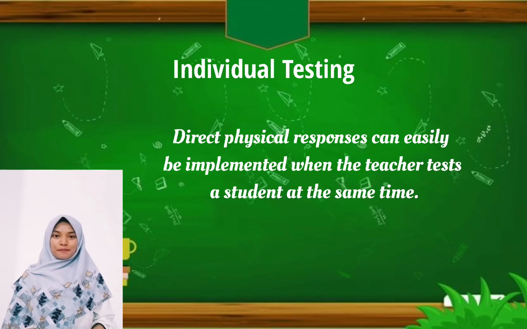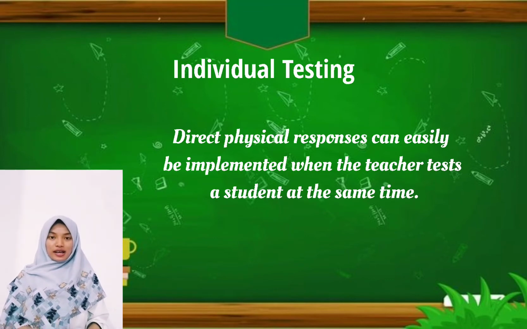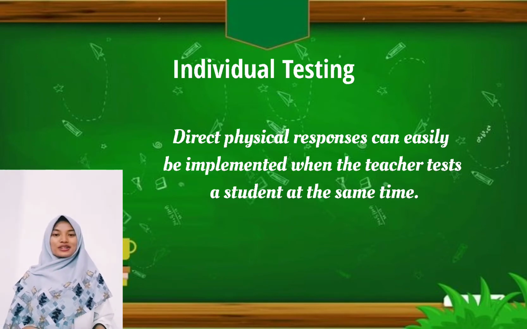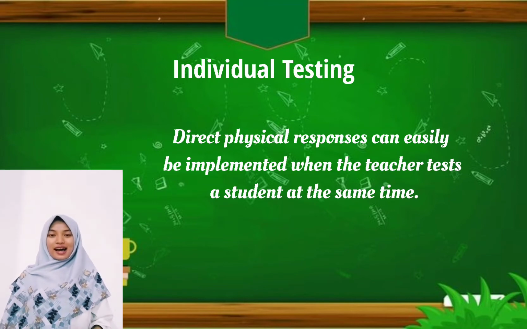After learning the basic commands such as go to the and hand me the, the teacher can then check the students' mastery of certain vocabulary by saying, please go to the window or please hand me the clock. In this way, students can show their understanding by doing what the teacher says.